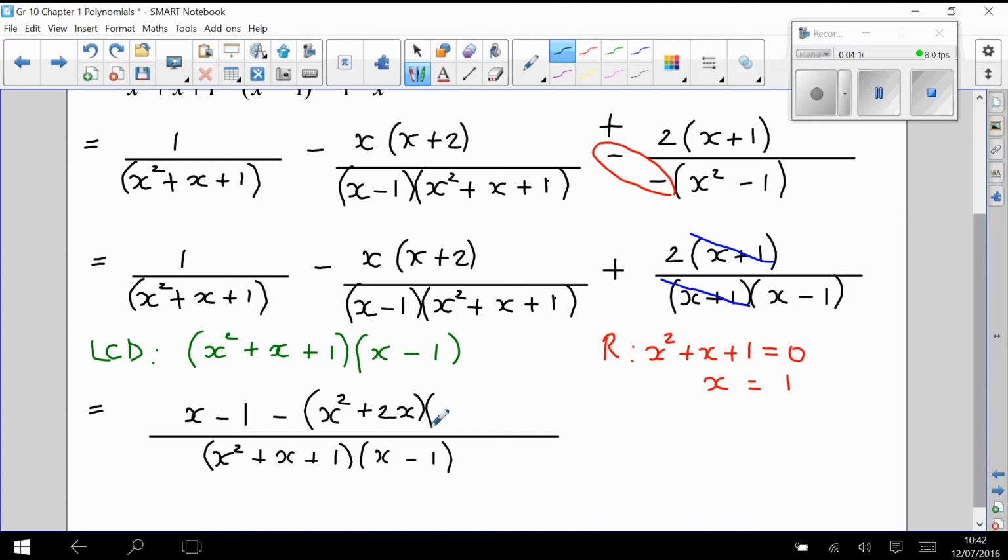As I did not need any extra factor, because both of the factors in the LCD were in fact part of the denominator of the second term, I'm going to not times that by anything, and I'm going to indicate that with a 1. In the last term, I had a 2 in my numerator. I only had the x minus 1 factor, so that must be times by x squared plus x plus 1.